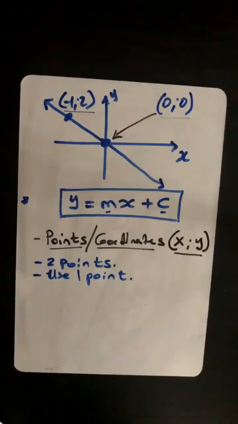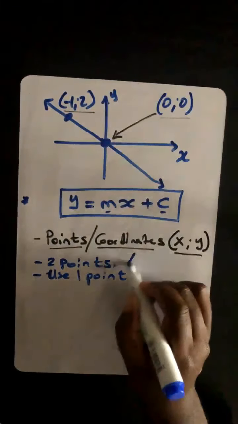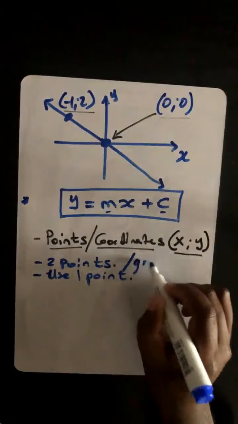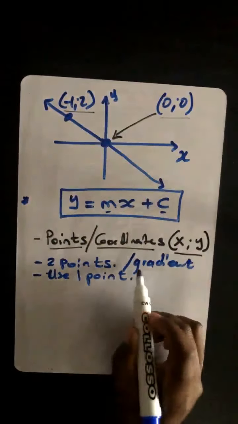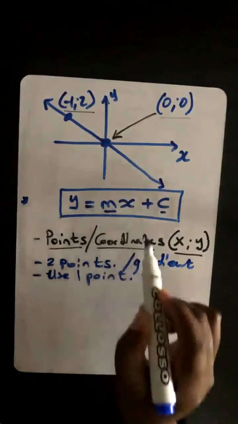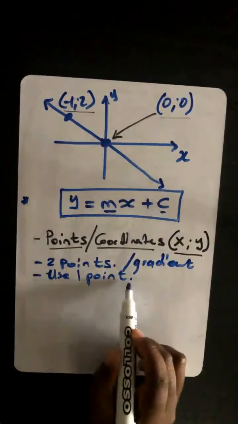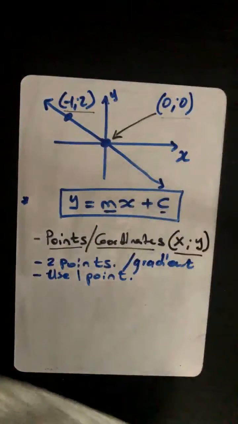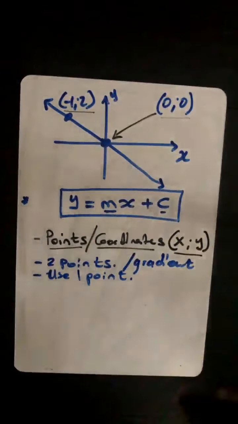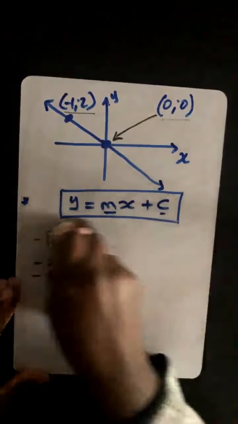But if you have the gradient, you can substitute the gradient there and use 1 point to get the C value. So I'm going to remove all of that, and then from there, I'm going to answer that question.